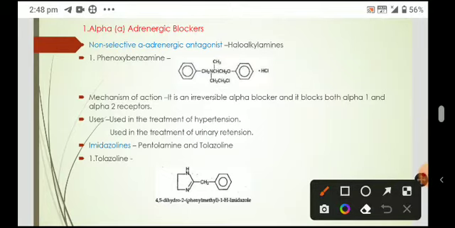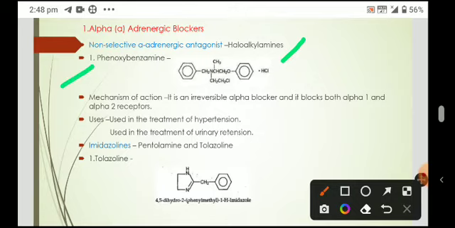The alpha adrenergic blockers, non-selective. As I told, the example is the haloalkylamine. The structure is as I have shown. In the haloalkylamines, the main drug is phenoxybenzamine.